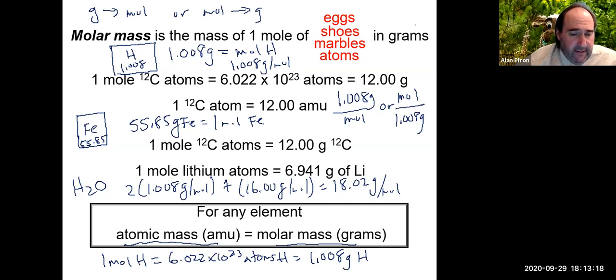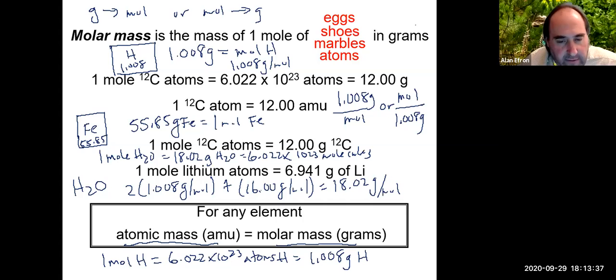You could say in 1 mole of water, there is 18.02 grams of water. And in 18.02 grams of water, there would be 6.022 times 10 to the 23 molecules of water. So they are all related to each other all the way through.